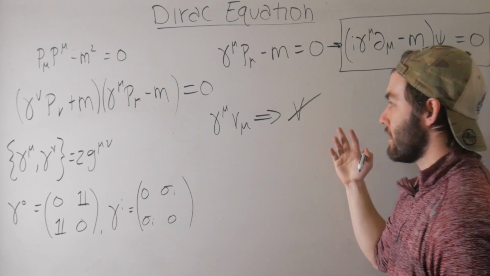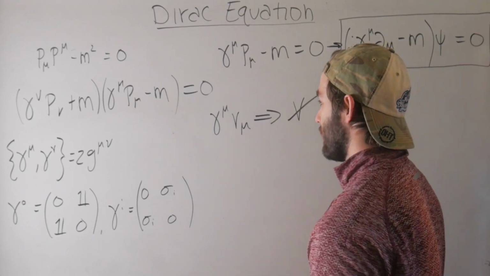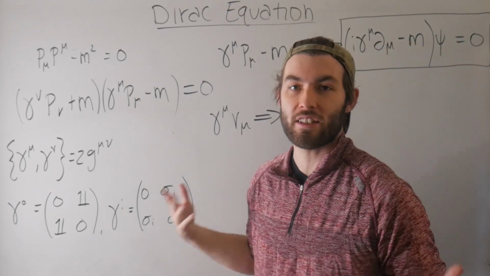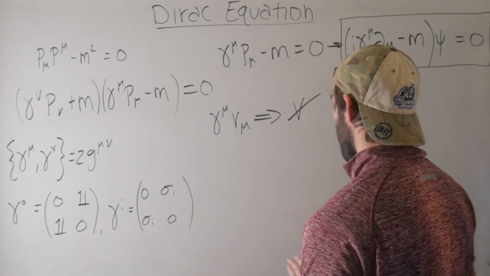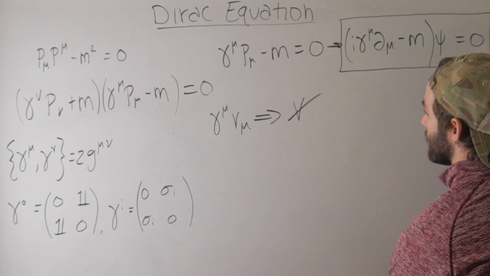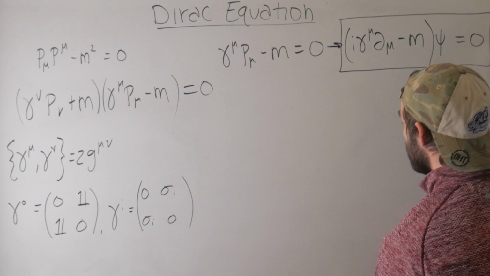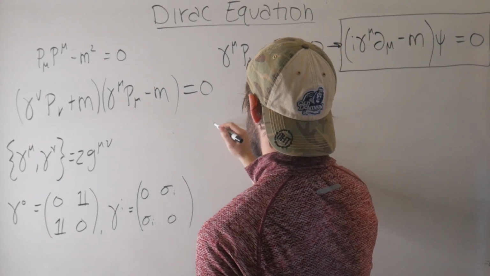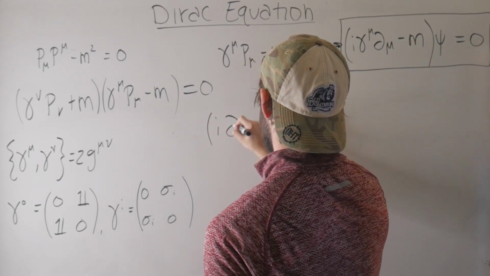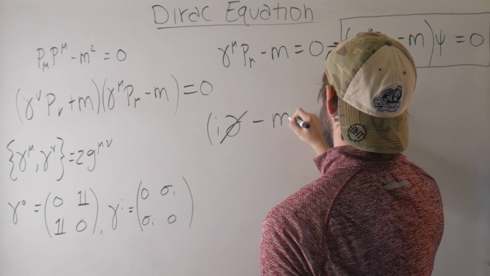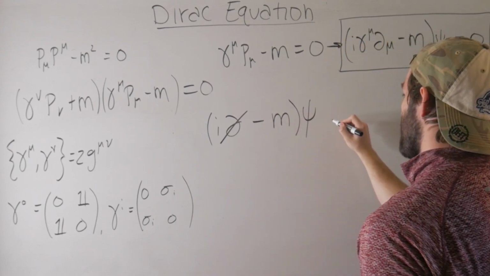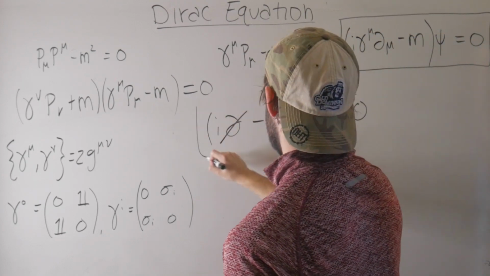So put a slash to let us know that it's been contracted with the gamma matrix, because it's a pair that happens a lot. So we can rewrite the Dirac equation using the slash notation to make it even shorter. It says that i d slash minus m acting on psi is equal to 0.